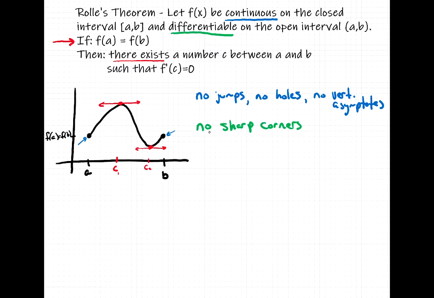There's no way to connect these 2 points without creating a place on that graph that has a horizontal tangent line, or multiple places on the graph. So if we don't have these restrictions, there is a way to draw a graph from A to B without a horizontal tangent line.